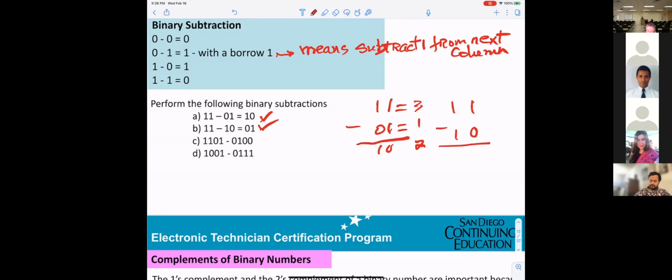Easy, right? 1 minus 0, you get 1. 1 minus 1, you get 0. This is number 3. This is number 2. That's why you get number 1. 3 minus 2. Okay, now you do number C for me.